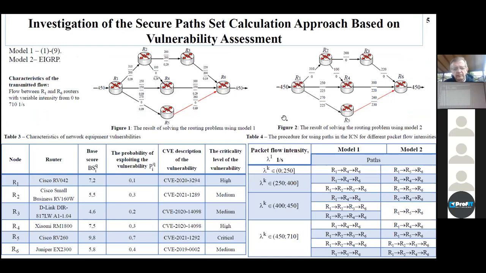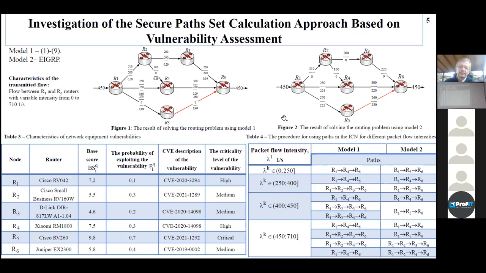After that, to confirm the sufficiency and adequacy of the approach, the obtained results of the calculation were investigated. We use a network consisting of 6 nodes, that is, routers. In the process of investigation, one flow was generated; the source node of the packets was router 1, and the destination node was router number 6.